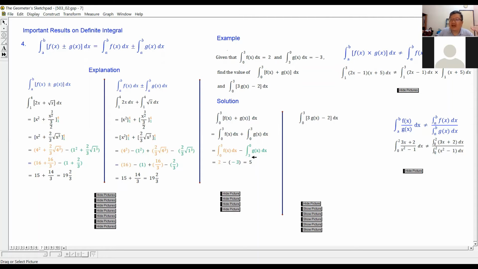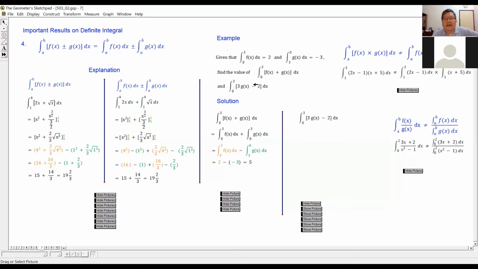The negative outside and the green color definite integral are two different things. So when you substitute in the value for the green color, the negative sign outside remains. So it becomes 2 minus (-3), so the answer is 5. Any question?